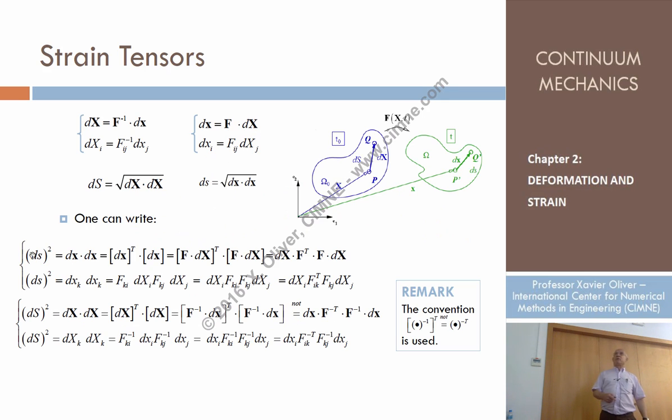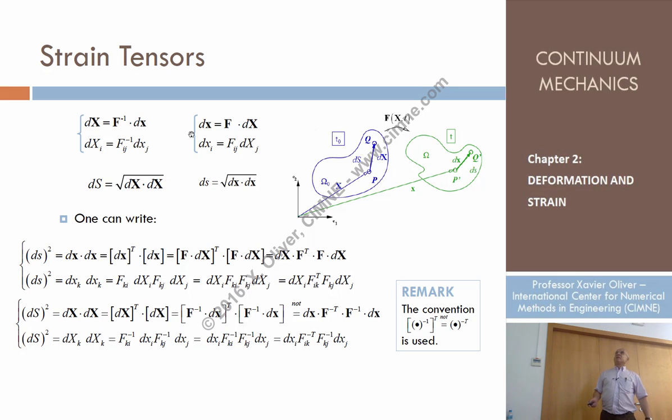So the point is the following. Let's compute how much this distance differential of s squared is. Distance squared is obtained by multiplying differential of small x times differential of small x, which in matrix form is obtained by transposing the first and multiplying matricially by the second.